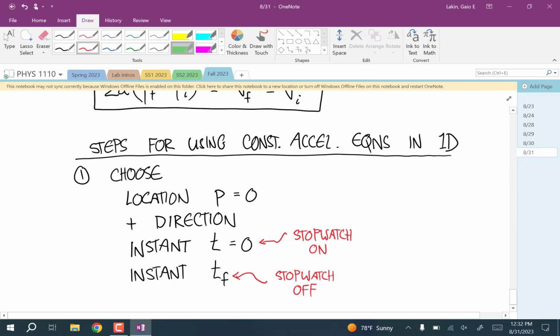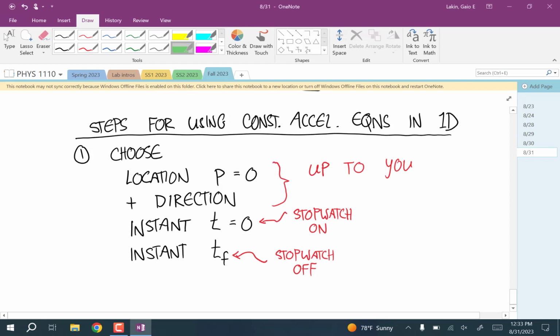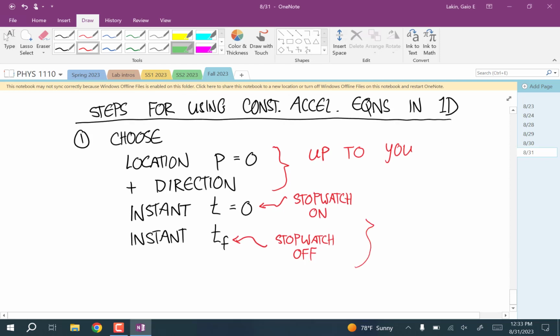Choosing the reference location and your positive direction, these are up to you. There's no right or wrong for this. There's sometimes ones that will make the math a little simpler, but no matter what you choose for these, you can solve the problem. You just have to be consistent through the whole problem once you make those choices. The two instants, though, in most cases there's a right and a wrong.